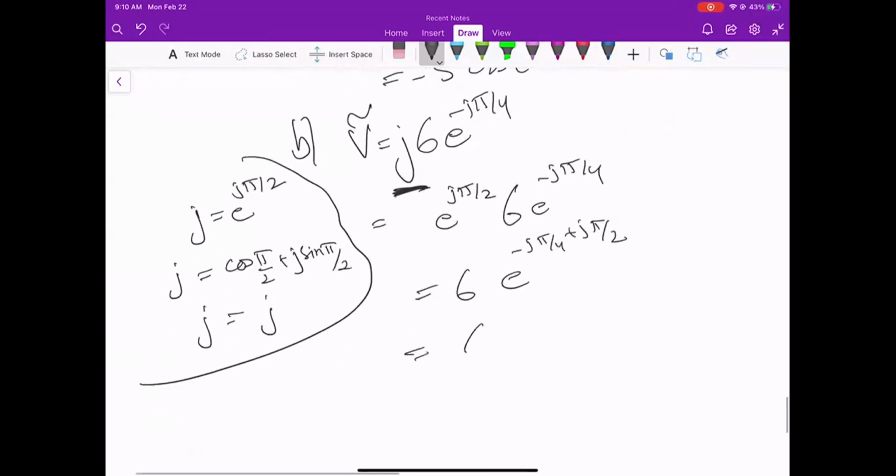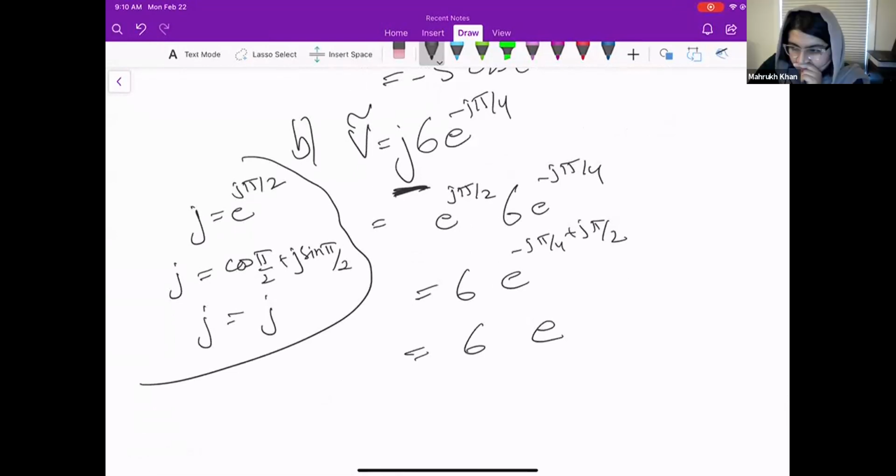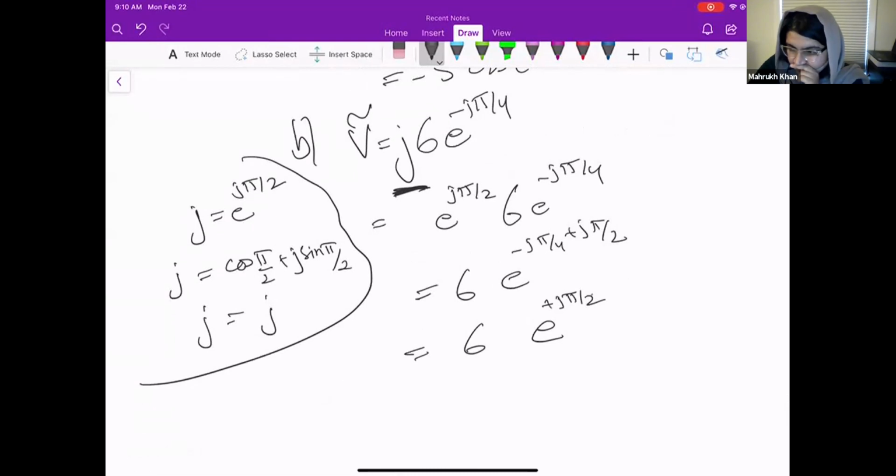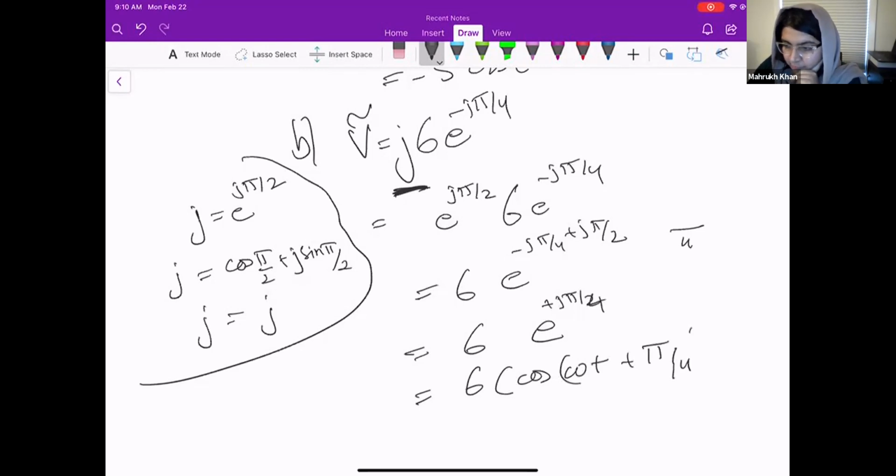Okay, yeah, that helps. I was getting lost on the pi by 2 part. Yeah, and I see that this will now become plus j pi/4 when you add them, right? Yeah, just take the LCM and this will be j pi/4. And this will become 6 cos(omega t + pi/4).